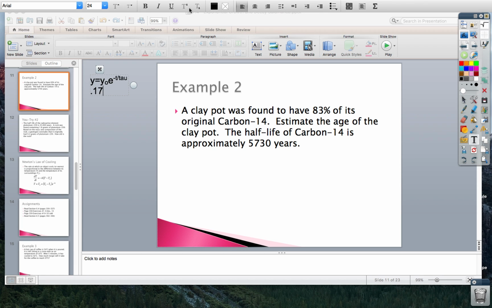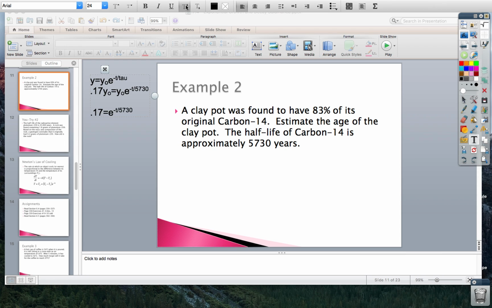So for our y, we're going to write 0.17 times y naught, because it's 0.17 or 17% of the original that was decayed, equals y sub 0 e to the negative t, because we don't know how many years it's been around, divided by 5,730, because we know that's the half-life.